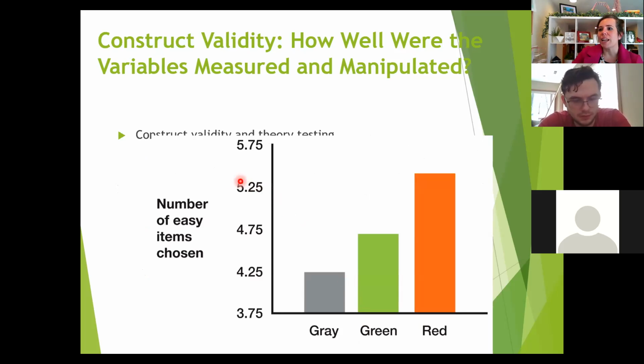Okay, so again, construct validity and theory testing. The construct validity of both the independent variable and the dependent variable needs to be evaluated, but you will see that the variables that are operationalized are driven by the theory of the experiment. In the ink color study, they were testing the theory about avoidance orientation in academic tasks.